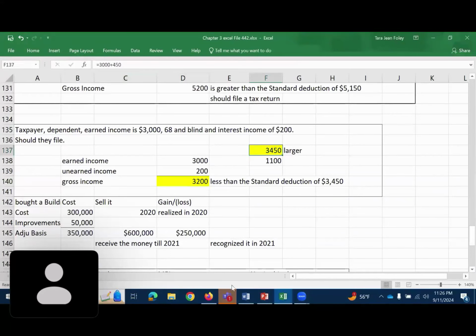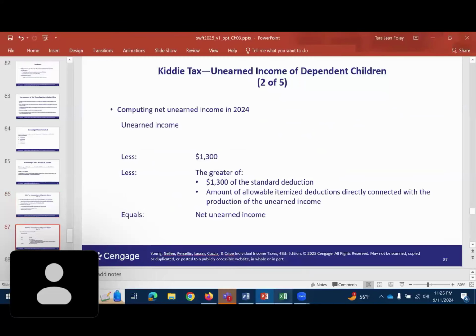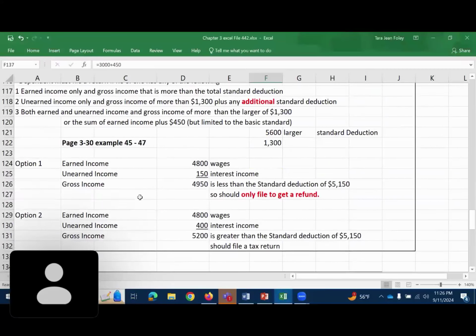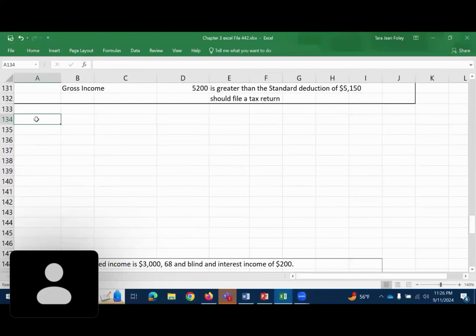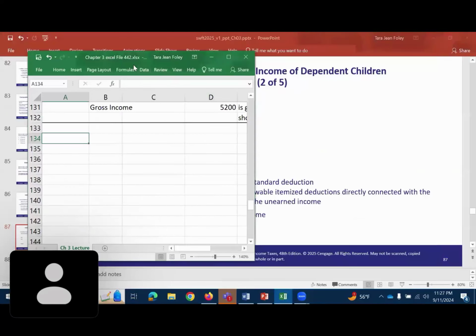The 3,000 plus the 450. Let me go back to where I was. Sorry. Oh, I'm doing the other one. Hold on. Okay. So I'm going to put this in here so we can see it, right?